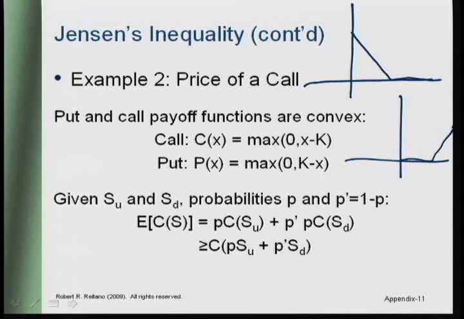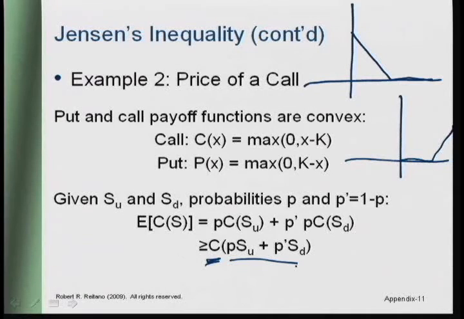So I have a graph of a put and a call, and what this tells me is that the expected value of a call, and think of now P being the risk-neutral probability, that the expected payoff under the risk-neutral probability, is going to be greater than or equal to the exercise value of the call at the weighted stock price, the risk-neutral stock price.